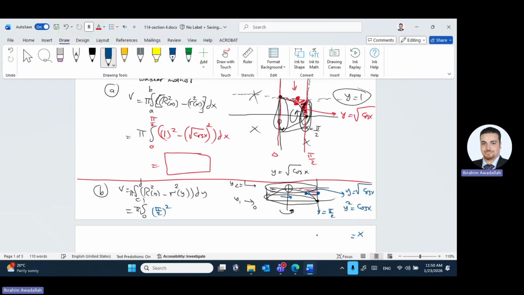I know many of you believe it's a weird question, but it's not a weird one. So x2 equals this, dy. Catch your calculator, what's the final answer here?